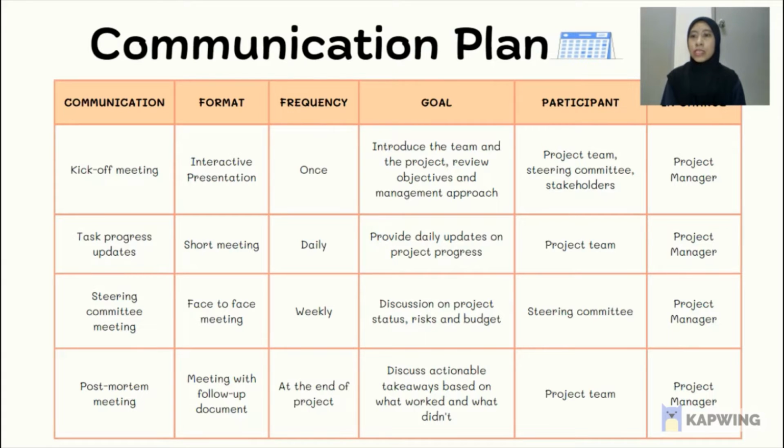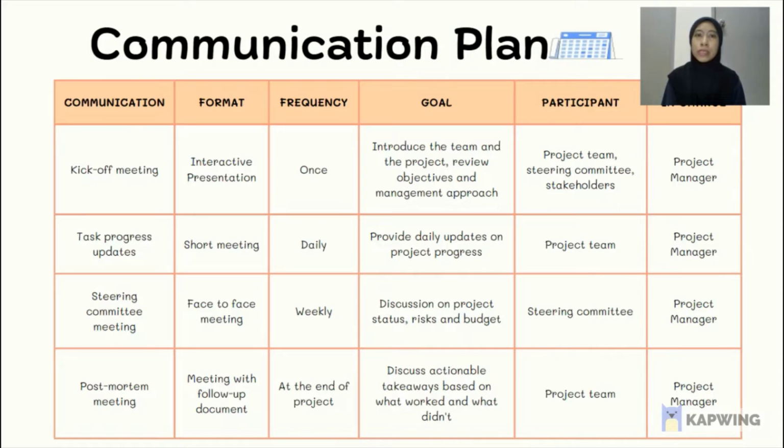The second one is task progress updates. In a short meeting, frequency is daily. The goal is to provide daily updates on project progress. The participant is the project team and handled by the project manager. The third one is a steering committee meeting, a face-to-face meeting weekly. The goal is to discuss project status, risk, and budget.